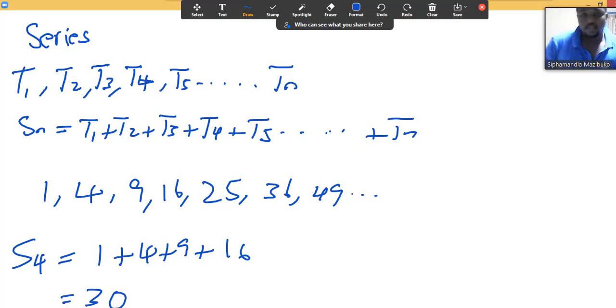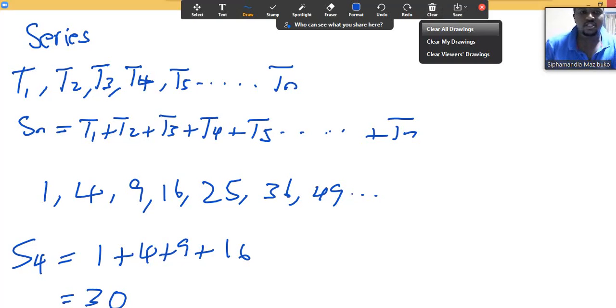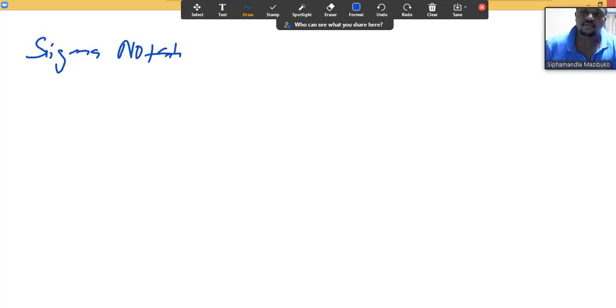Let's quickly get to the interesting part, which is the sigma notation. Let's look at this example here.